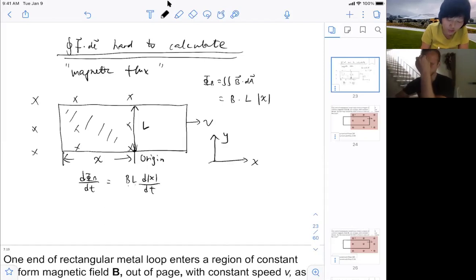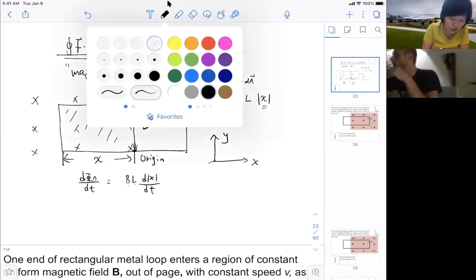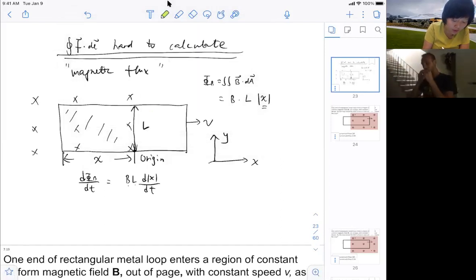The only thing that's changing the flux is the length X. As you move further away, you have smaller and smaller area immersed in the B field. If I were to draw the next moment, let's say after 5 seconds, you have moved over here, and the area immersed in the B field is now smaller.